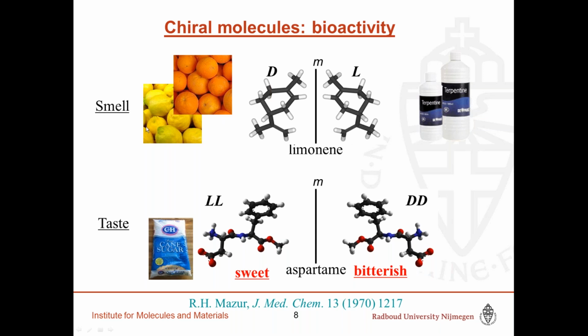So their bioactivity towards smell is very different. Another example is aspartame. This is a diastereomer, so with two chiral centers, and the LL version tastes 200 times as sweet as cane sugar, while the DD version is rather bitterish. So again, a big difference in bioactivity, now for taste.